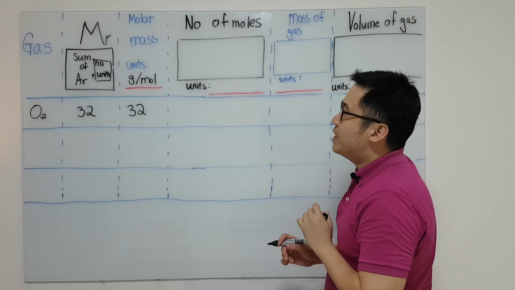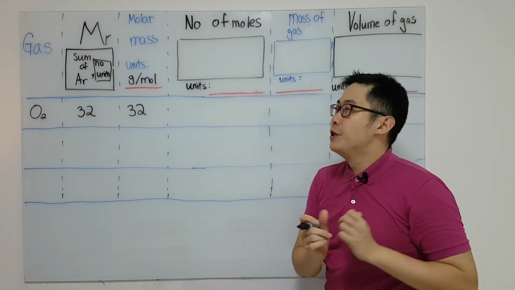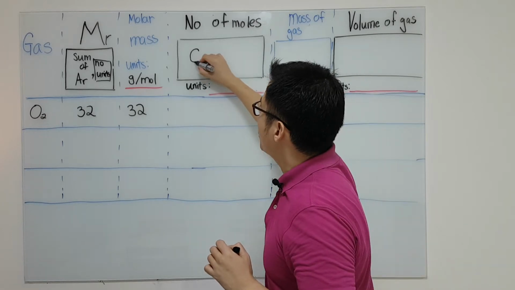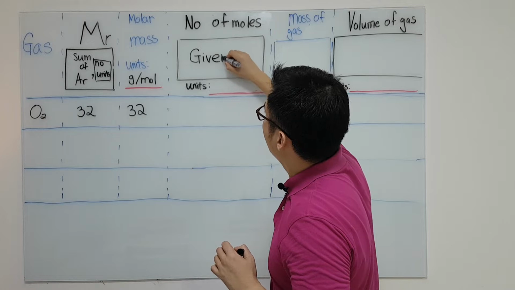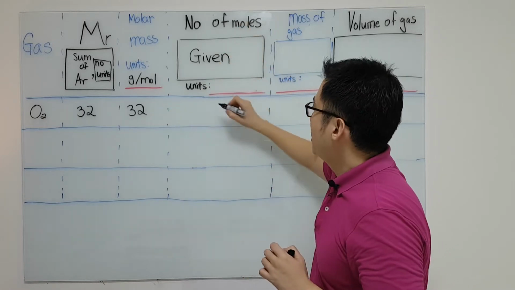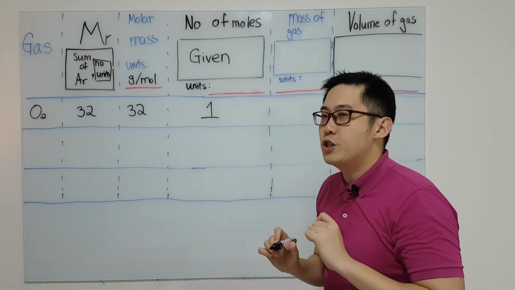Now, in this case, the number of moles I'm going to give to you. For this discussion, I am giving you the number of moles of oxygen: 1 mole of oxygen.